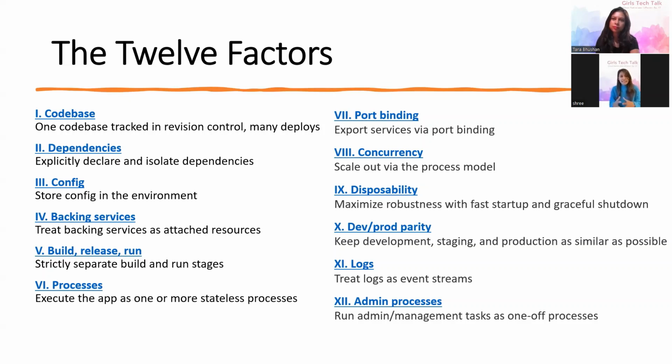And then the next thing is dependencies. I could have two different microservices which are dependent on each other, and we should declare the dependencies and isolate them as much as possible. Next is configuration. It is not good practice to store the configuration inside the code, because then my application becomes strictly bound to that configuration.